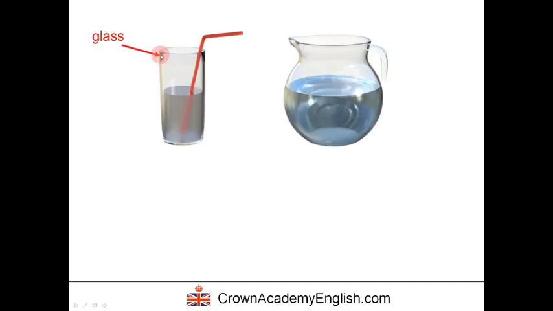This is a glass. Since it contains water, we say this is a glass of water. And this red object is called a straw. So we drink the water through the straw. We suck the water through the straw to drink it.